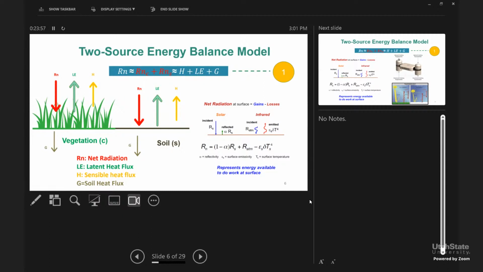And for sensible heat flux, it's more contained in short wave than in long wave. Thanks for the correction: most of the latent is contained in long wave and most of the sensible in short wave.